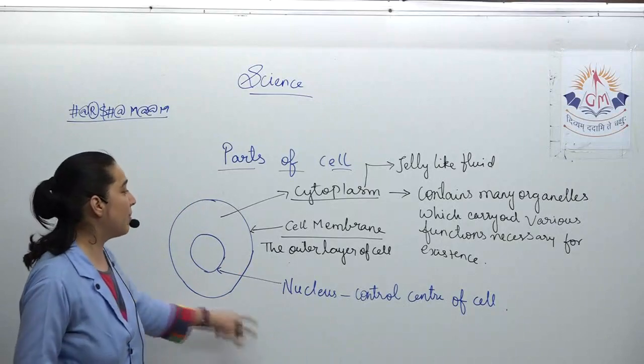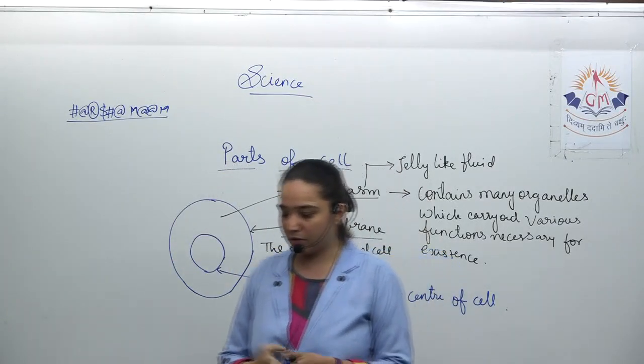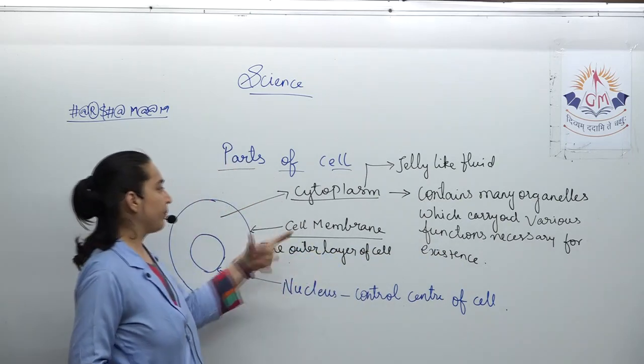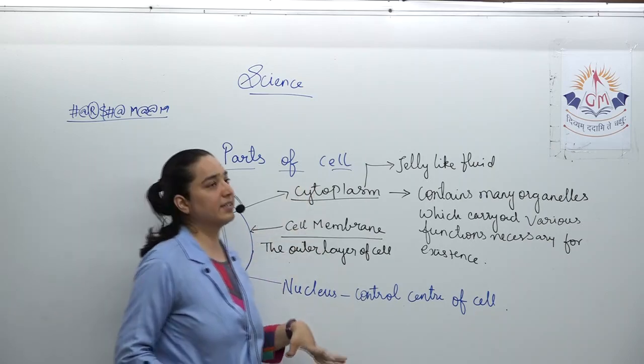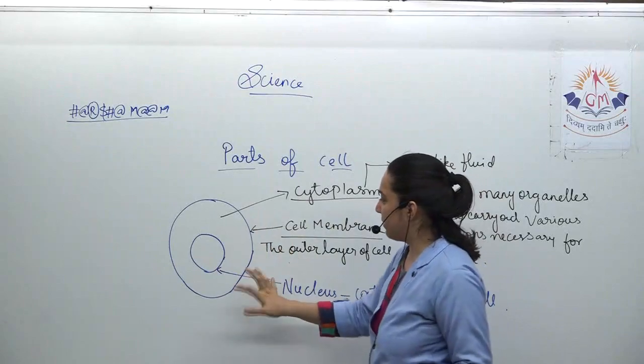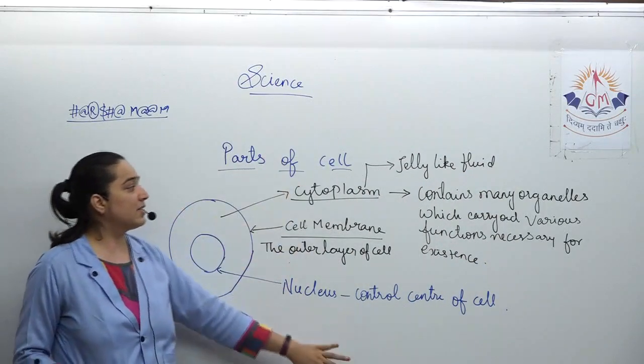We are going to study it in detail, but before we study it, we should know these three parts. Any typical cell contains these main three things: cell membrane, nucleus and cytoplasm. Note down first, draw a diagram, a small circle and a small circle inside it like this, and note down these things.